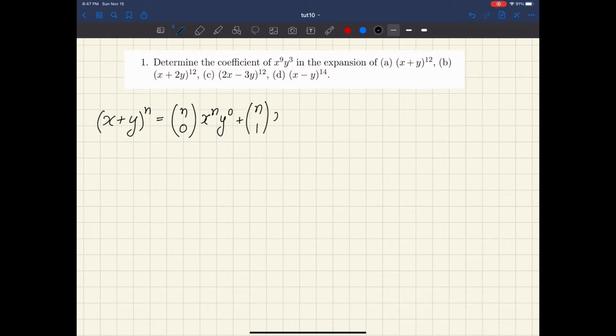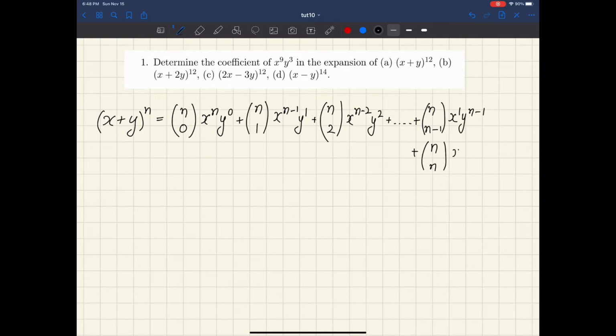The next term would be nC1 x to the power n minus 1 y to the power 1, plus nC2 x to the power n minus 2 y to the power 2. And this goes on till nC(n minus 1) x to the power 1 y to the power n minus 1, plus nCn x to the power 0 y to the power n.